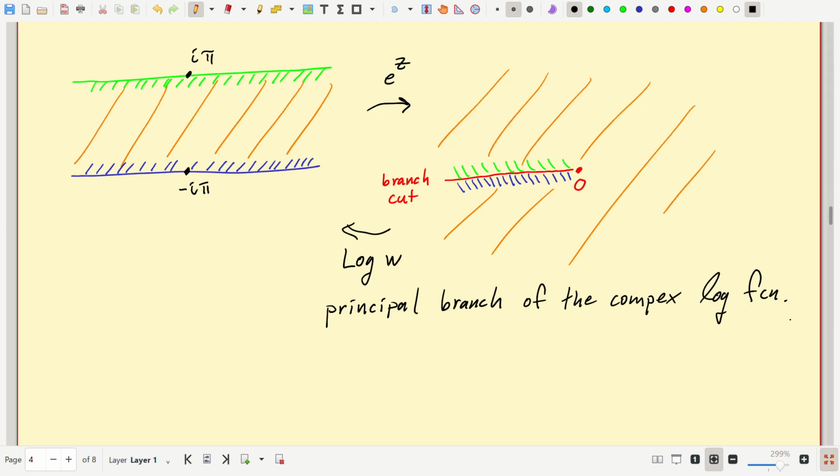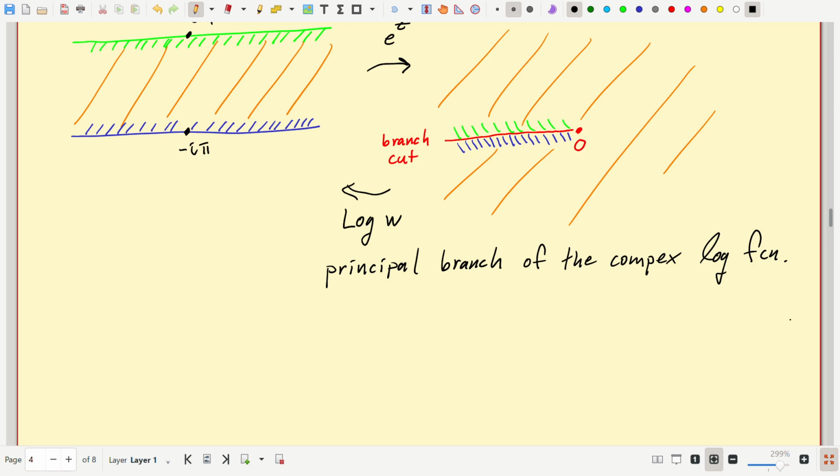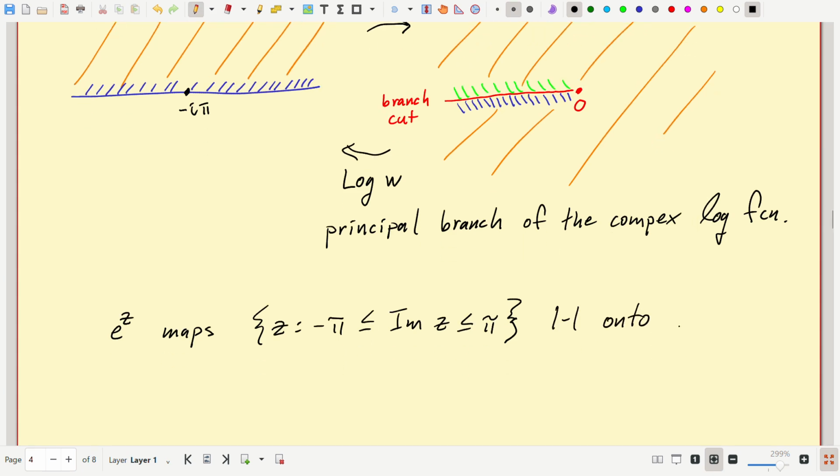Okay, and I'm going to tell you what that is. But note the way e to the z maps that strip, that's z such that minus pi is less than or equal to the imaginary part of z, less than or equal to pi, one-to-one onto C minus this branch cut, and up.